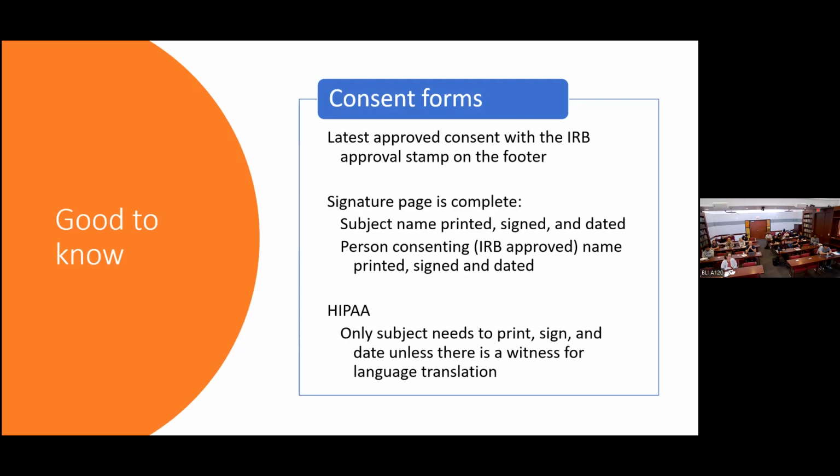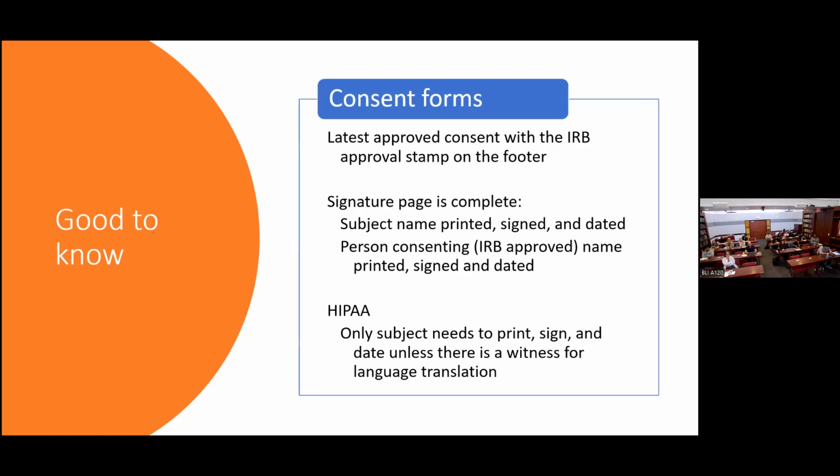If you ever forget, it happens. If you do forget and you have to go back and get them to sign it or put their name or whatever, make sure that they're putting in the date that you had them actually sign it, not the date that they were supposed to sign it. That's what the IRB wants.